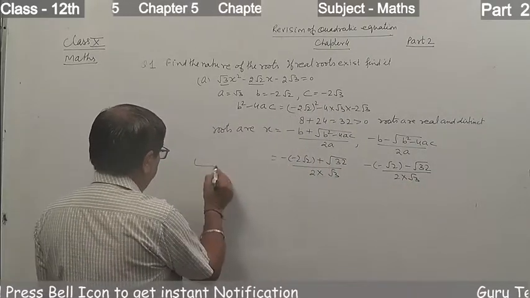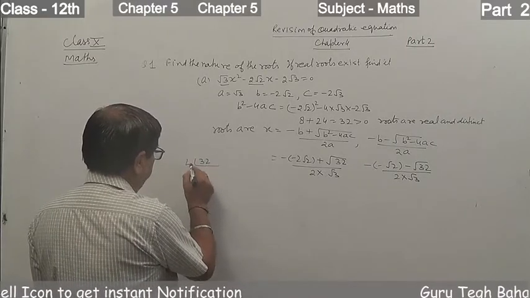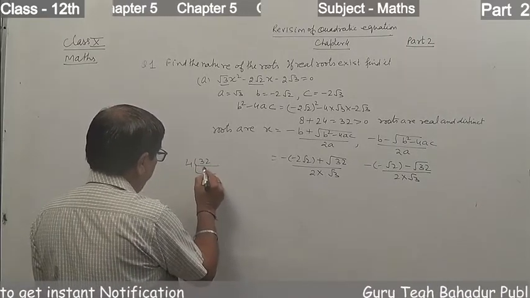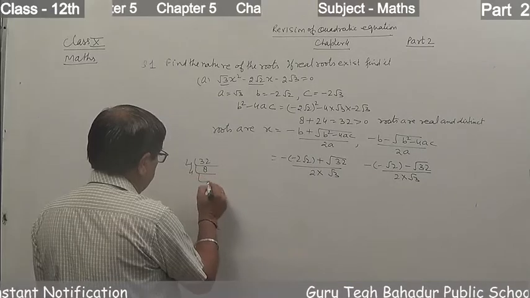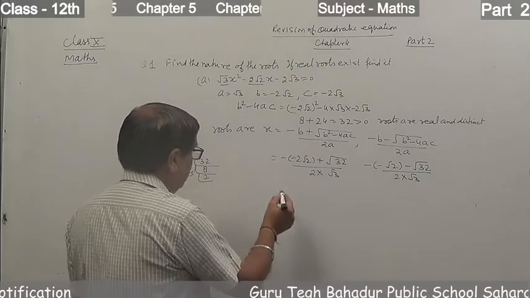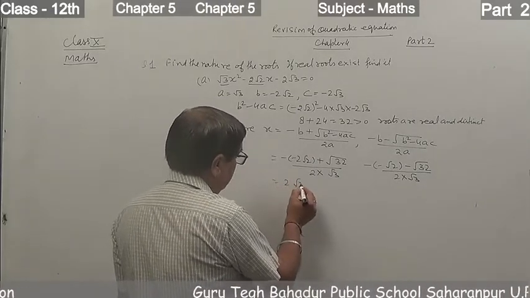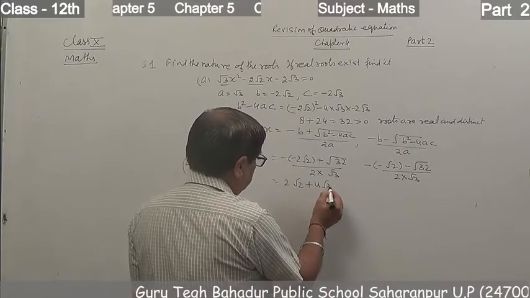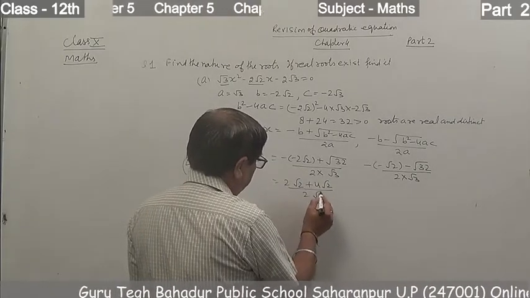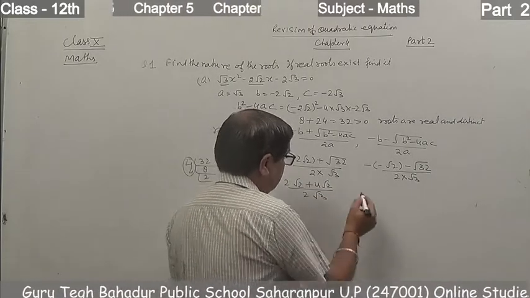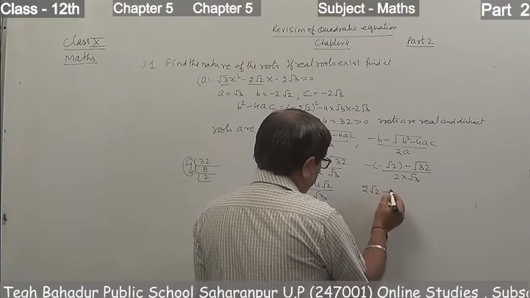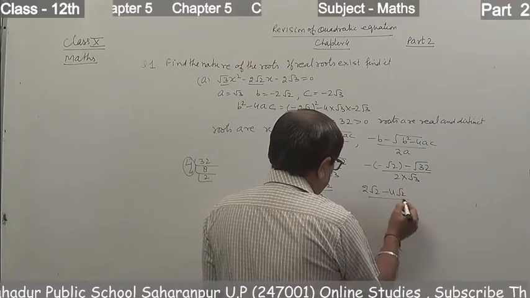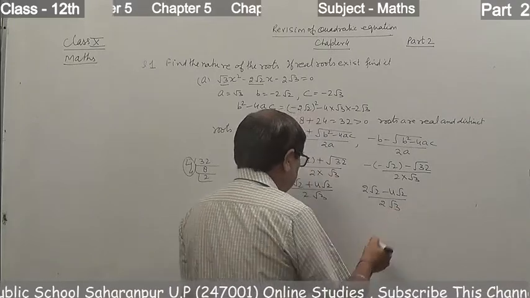Factor of 32, that is 4 root 2, so 2 root 2 plus 4 root 2 upon 2 root 3, and 2 root 2 minus 4 root 2 upon 2 root 3.